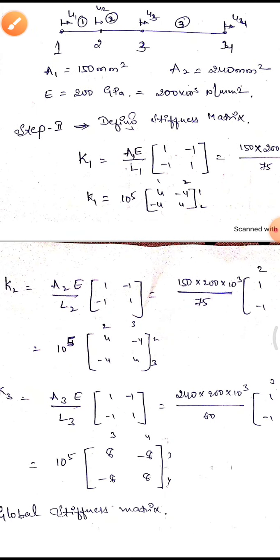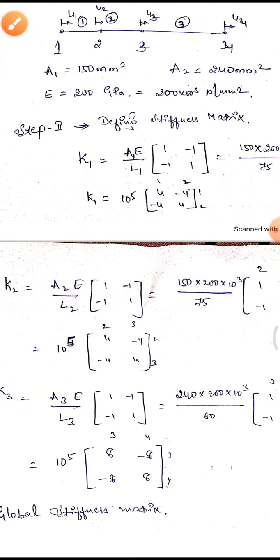Once you simplify, you will get the same answer: 10 raised to 5 times the matrix 4, minus 4, minus 4, 4, connected between 2 and 3.